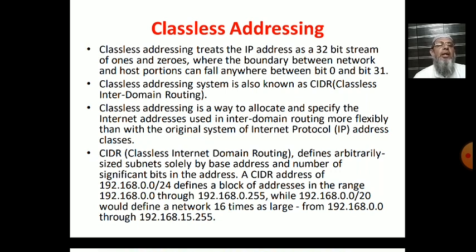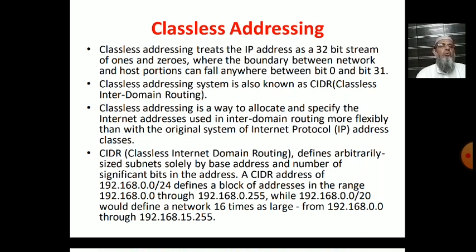But here, with CIDR, classless inter-domain routing, the address 192.168.0.0/24 defines a block of addresses in the range 192.168.0.0 through 192.168.0.255.